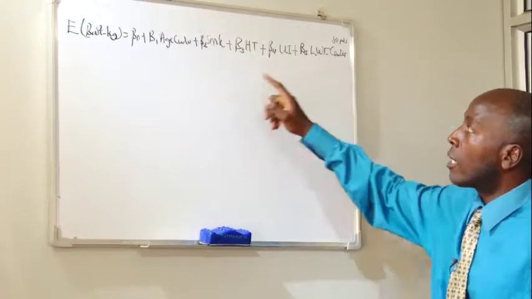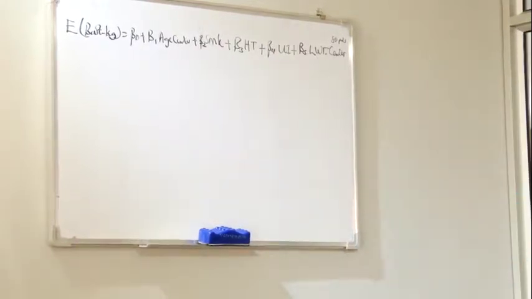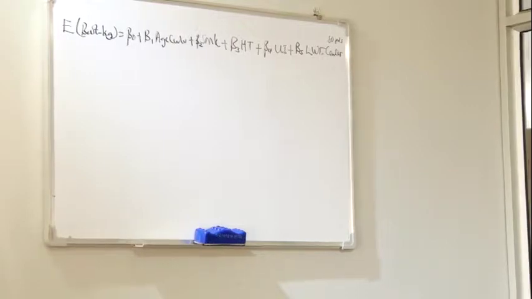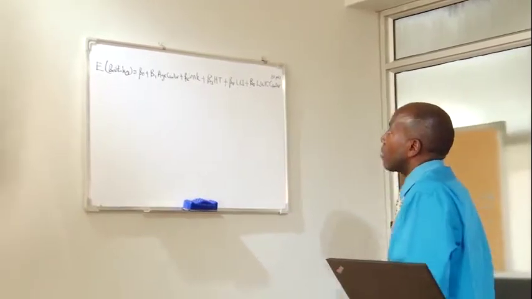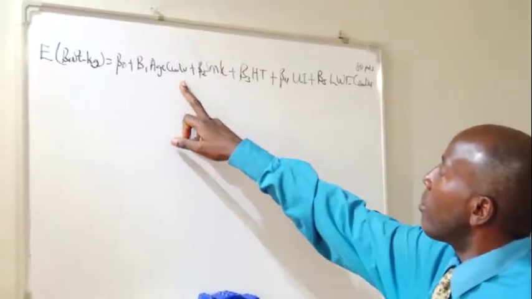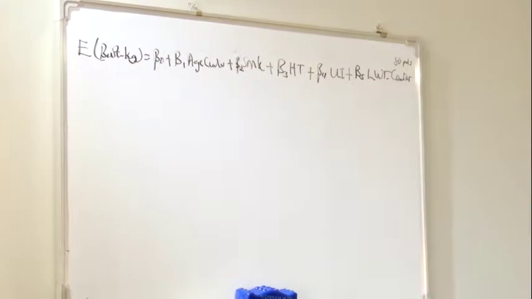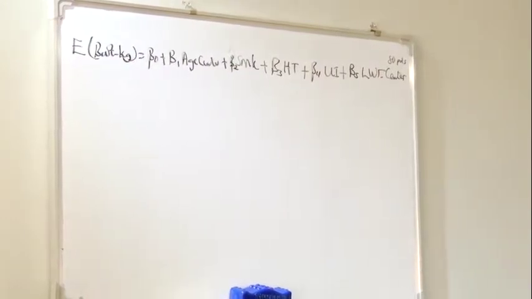So you can say beta 1 is minus 0.004, okay? So minus 0.01, but remember this one now has the age center in the model.